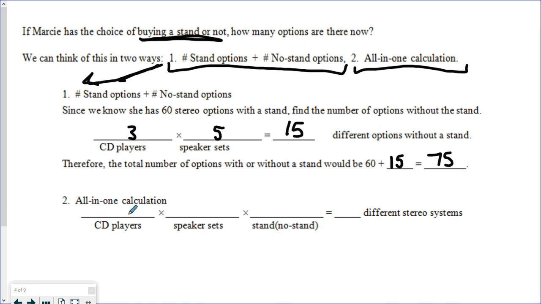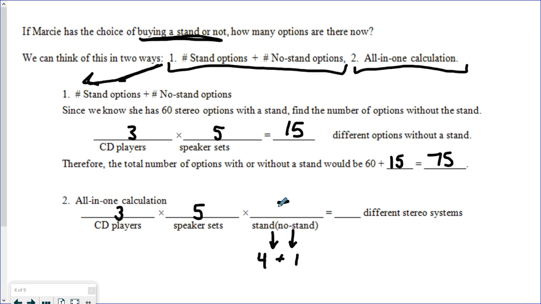So an all-in-one calculation, so this is a different way to go about it, is 3 different CD players, 5 different speaker sets. So stand versus no stand. We know there are 4 stands, but we can also make the choice of no stand. And that's making a choice, right? So we have the option of having no stand at the end, or no stand in the stereo system that she wants.